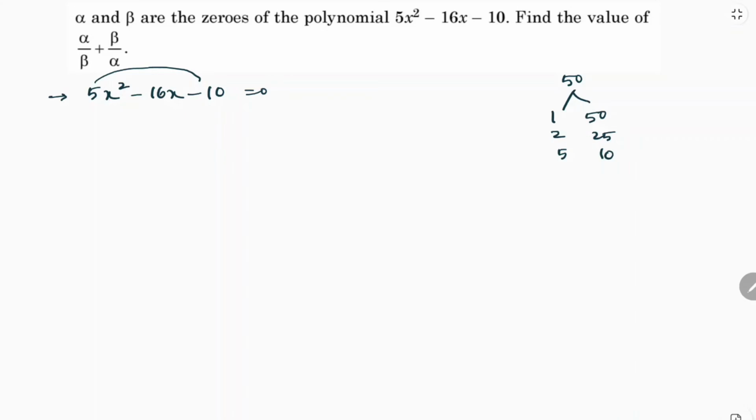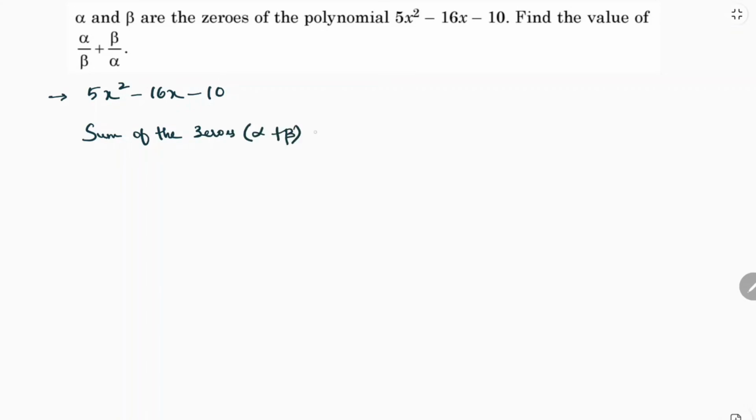You will not be able to split the middle term, because you will not get 16 with the help of these factors. So I will use the sum and product of the zeros property. Sum of the zeros, alpha plus beta, is −b by a.